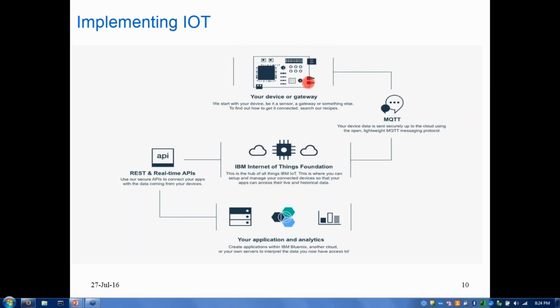And then once the messages are in the MQTT format, they can be pushed to the IoT platform. So in our case, this is IBM Internet of Things Foundation. And this Internet of Things platform is in the cloud, so any application can straight away access it through API calls.